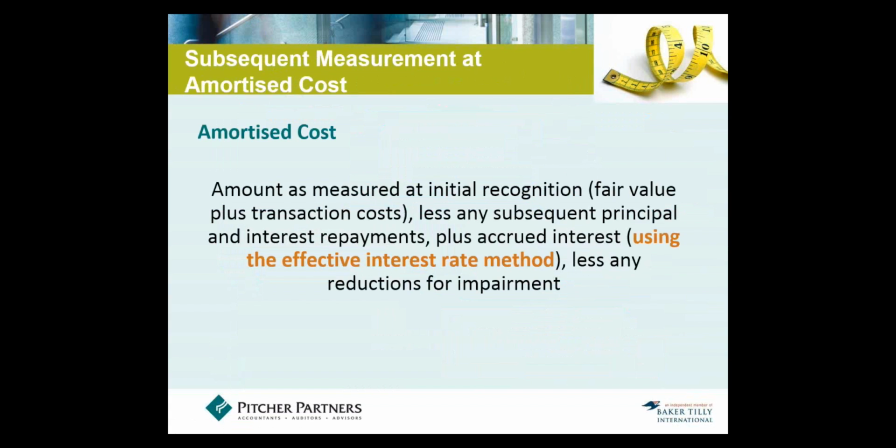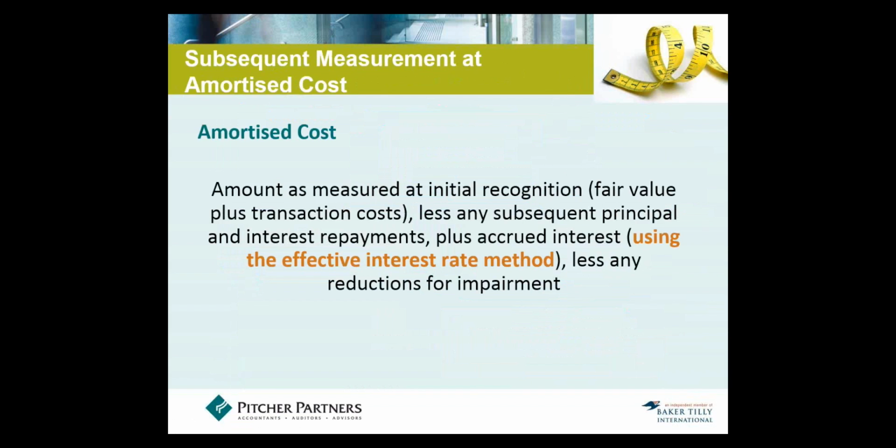So what is amortized cost? Now it's the amount as measured at initial recognition. So what is that initial recognition? It's fair value plus transaction cost, less any subsequent principal and interest repayments, plus your accrued interest, using the effective interest rate method, less any reductions for impairment.